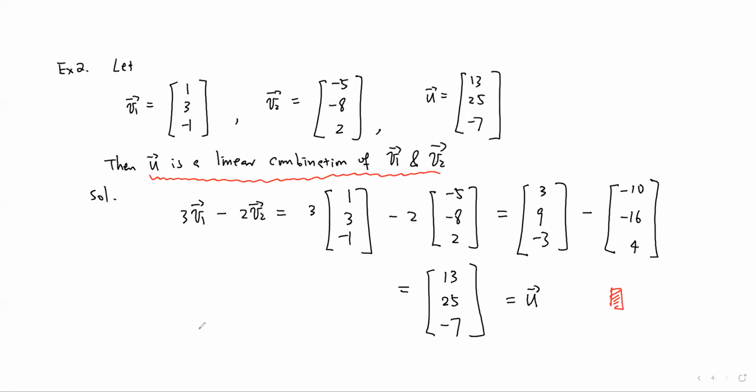Example 3. And also we are given some vectors. Let a1 be 1, -2, 0. a2 be 0, 1, 2.